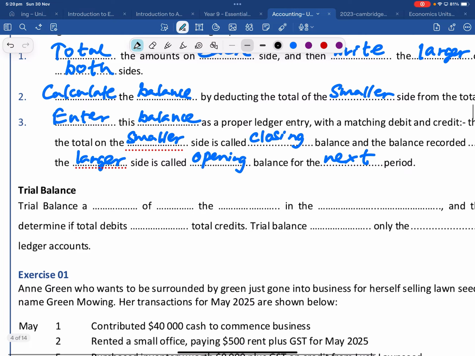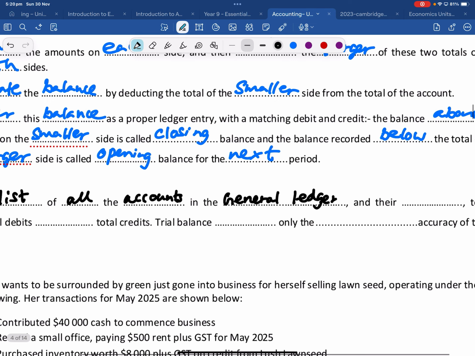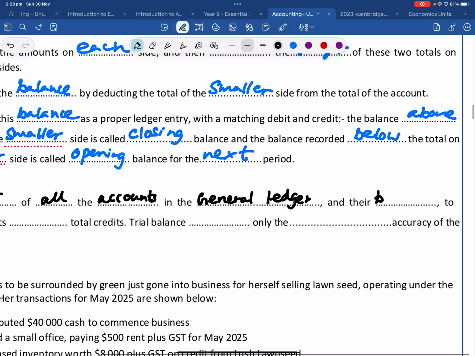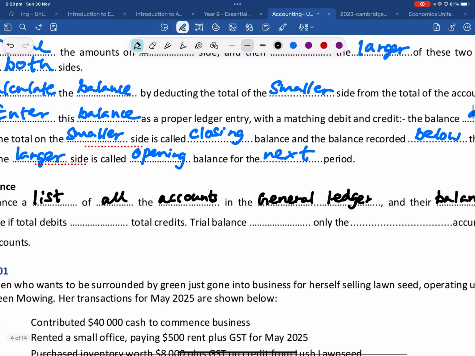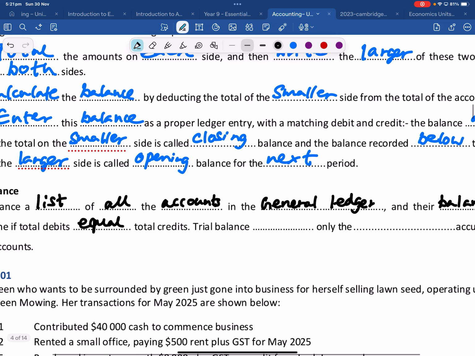Take down the trial balance, guys. A trial balance is a list of all the accounts in the general ledger and their balances, to determine if total debits equal total credits.